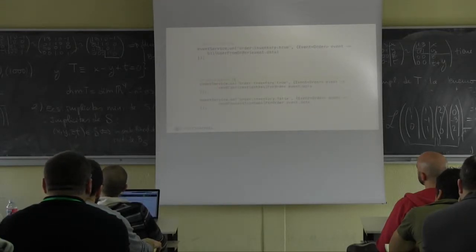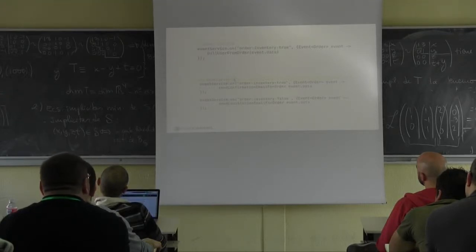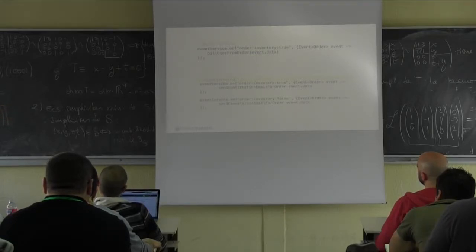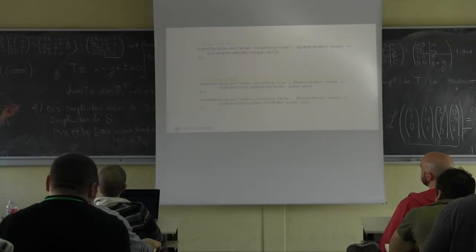And then I have some other services: the money service, which is listening for a successful check on the inventory, which then will bill the user, and the email service, which is listening for successful or failed order inventory checks, which will then send a confirmation email or a failure email, depending on the result of the transaction. And this is all happening asynchronously.